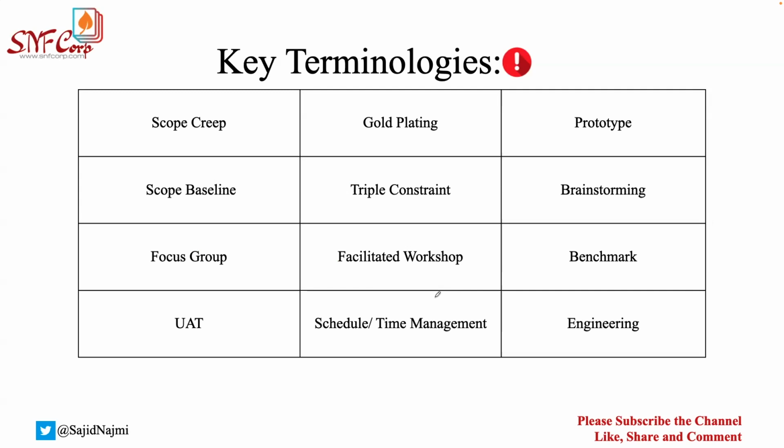A couple of new things I believe I have added here are probably engineering and UAT, and there was one more. When I'm saying engineering, I'm referring to the technical team, the developers. This might include the development team, the software developers, plus the QA, the quality analyst folks who actually do testing.